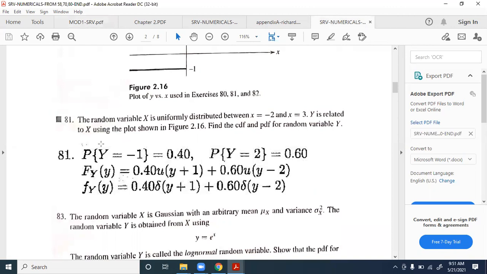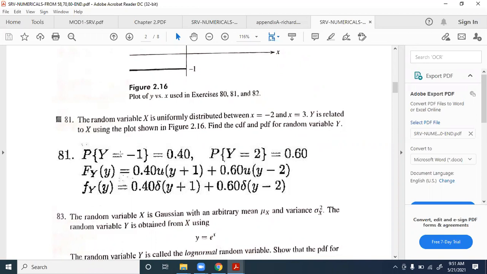At y equal to -2, how much will be the value of this? That is what we need to find out. Similarly, for p of y equal to 2, how much is the value we can find out?